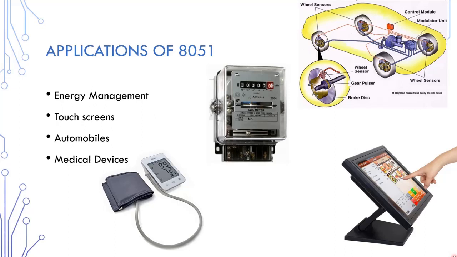The microcontroller 8051 has found recognition in supplying automobile solutions. They are extensively used in hybrid motor vehicles to control the engine variation. Also, features such as cruise control or anti-brake mechanisms have been made more capable with the amalgamation of microcontrollers.